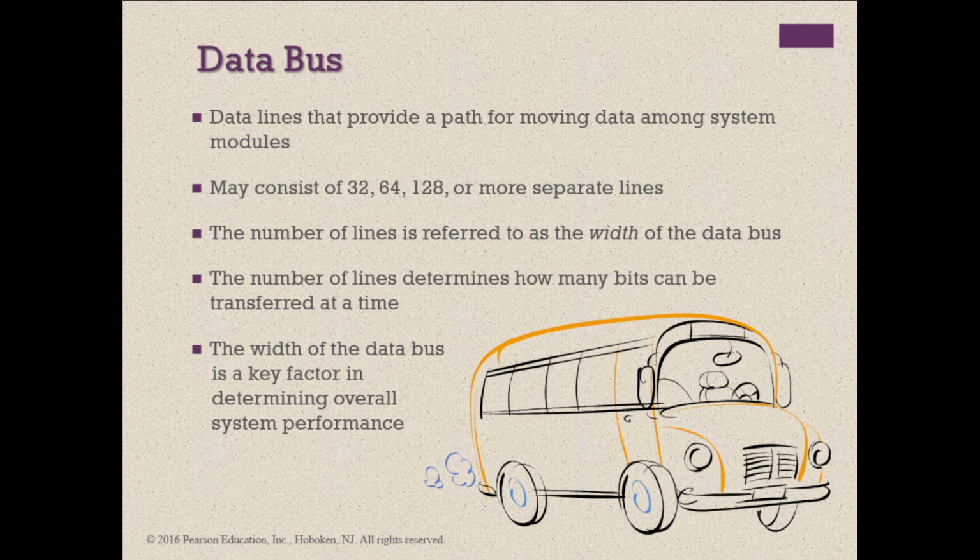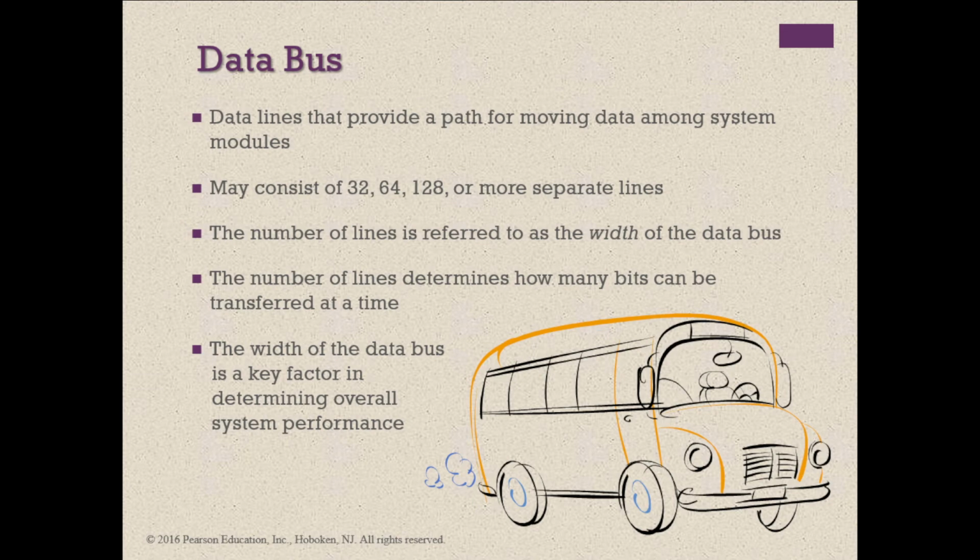Because each line can only carry one bit at a time, the number of lines determines how many bits can be transferred at a time. The width of the data bus is a key factor in determining overall system performance. For example, if the data bus is 32 bits wide and each instruction is 64 bits long, then the processor must access the memory module twice during each instruction cycle.